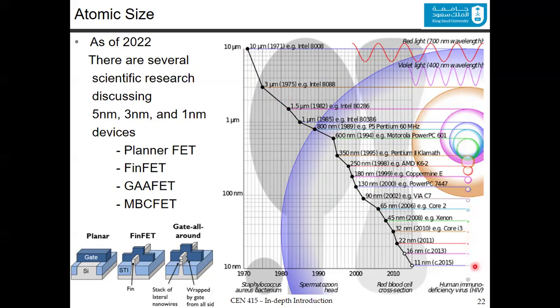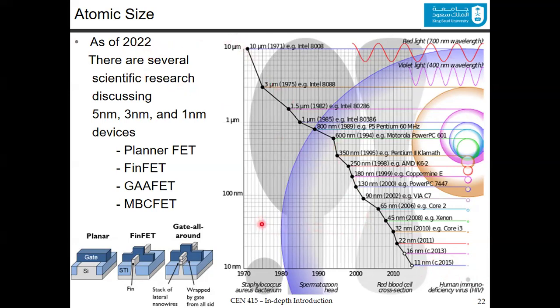You can see it here. Even compared to the HIV virus it is very, very small. And that was in 2015, which basically is the 11 nanometer generation. Going below this, you will have smaller and smaller atomic sizes. Going through the years, we have challenges.